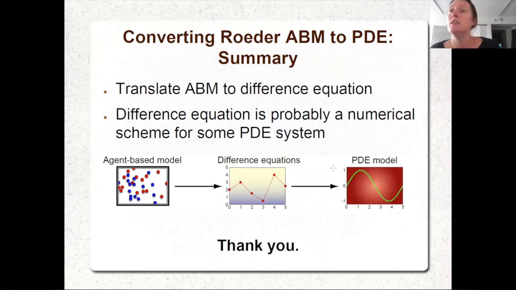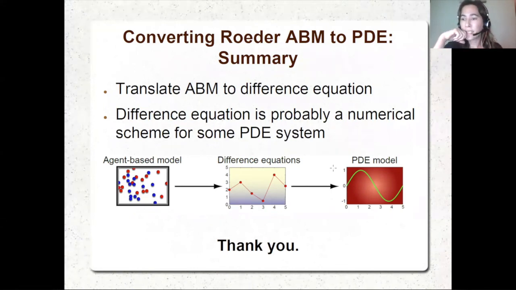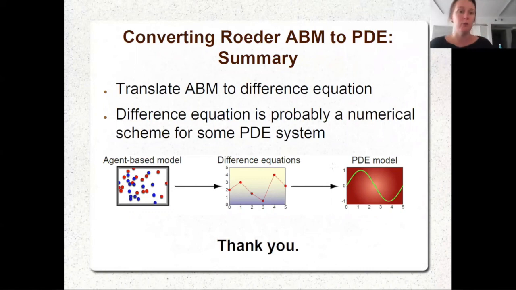It seems like replacing an ABM would be an opportunity to align with more real-world data. Could you comment on your thoughts about ABMs versus PDEs and taking them between the two? Oh, okay. So the person is saying that perhaps an ABM is more in line with the real-world data. Is that the question? Yeah, from your experience with PDEs and ABMs.